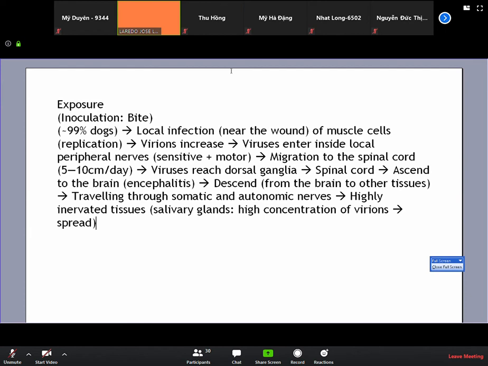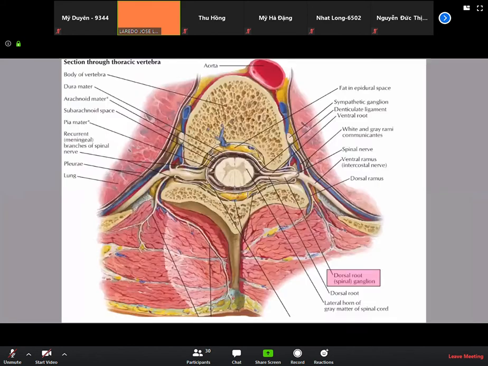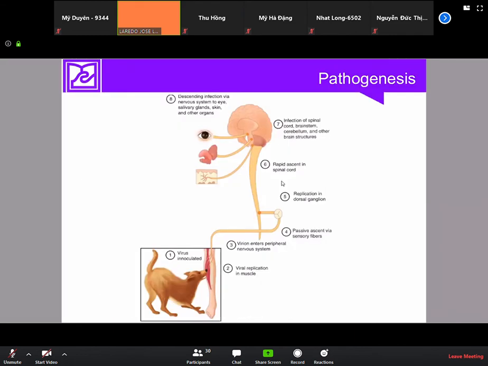And now I show you the picture. Well, before that, this is from Netter, Atlas of Anatomy, the best one, to show you that these and these are the dorsal ganglia, close to the spinal cord, okay? So look, this is what happens.